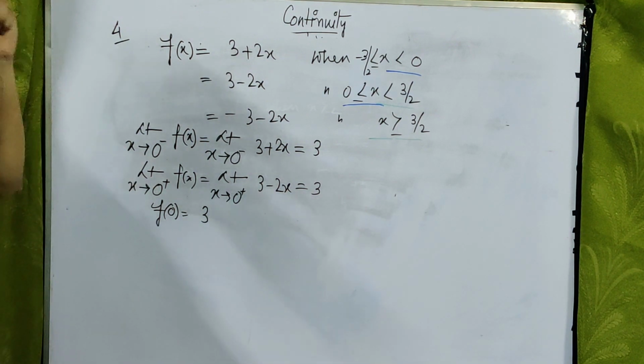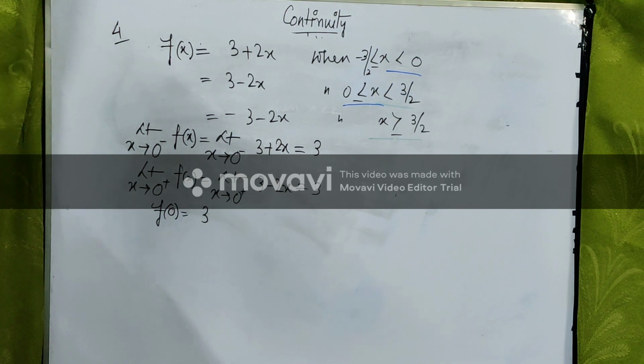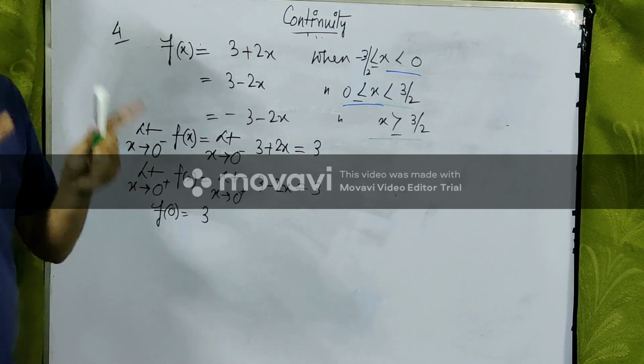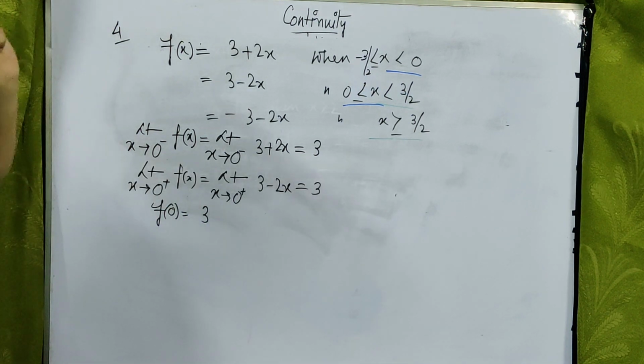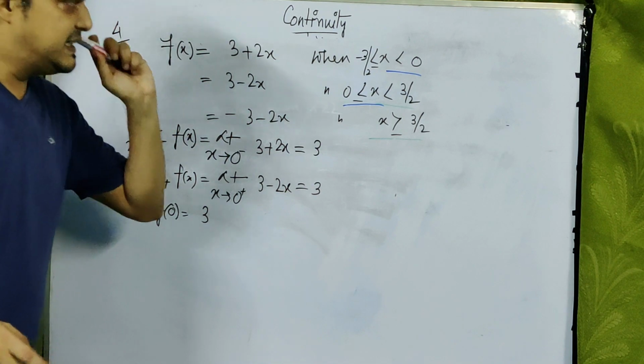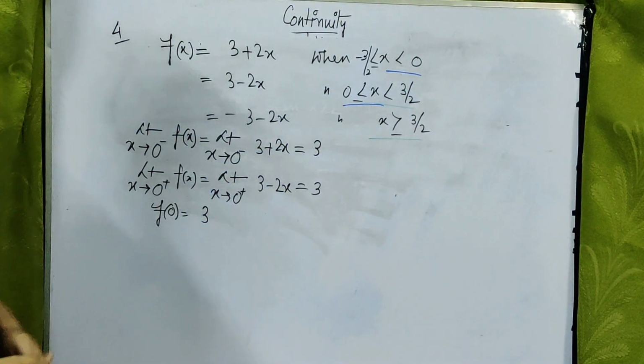Okay. So first of all we have to check whether we have these three values or not. Then after that we will check whether the function is continuous at that particular point or not. Okay, so we are going to check whether this function is continuous or discontinuous at the point x equals 3 by 2.